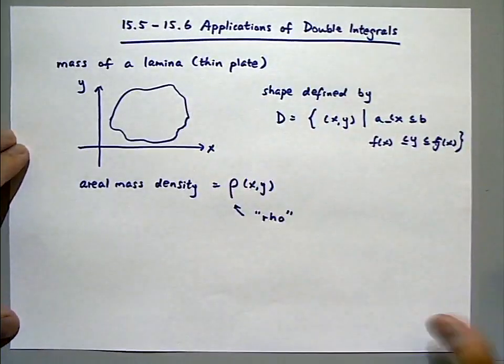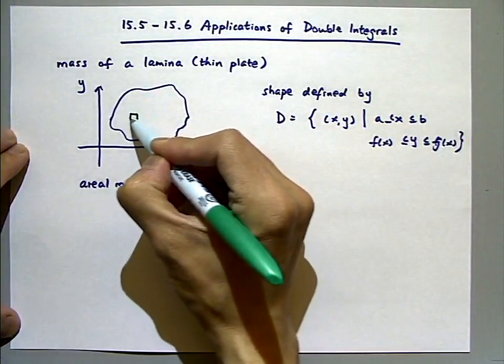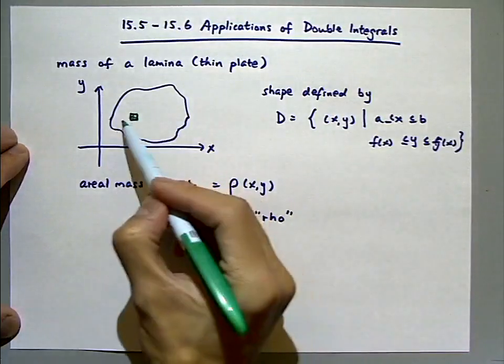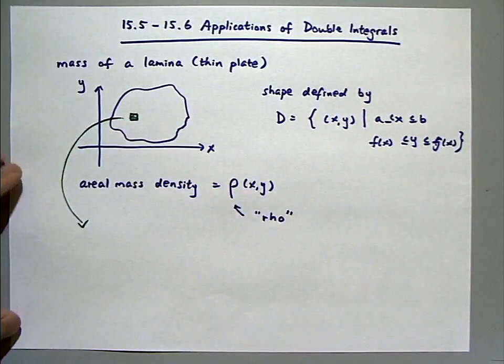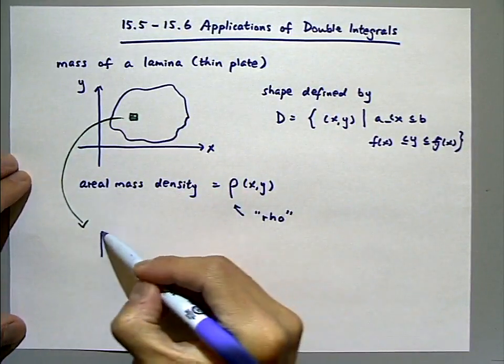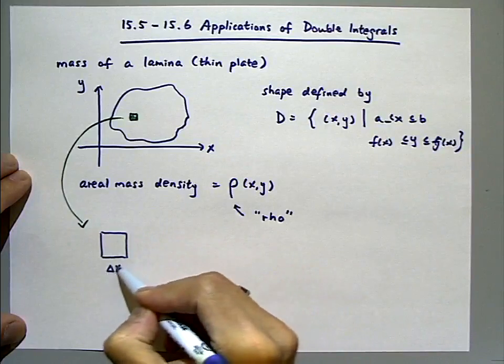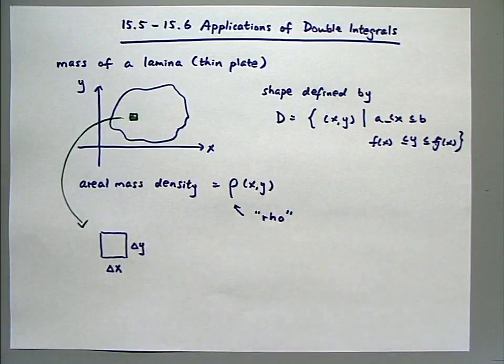So think about how this is done. Imagine if you take a very tiny little patch of that lamina out. So this thing is going to have a width of delta x and a height of delta y.